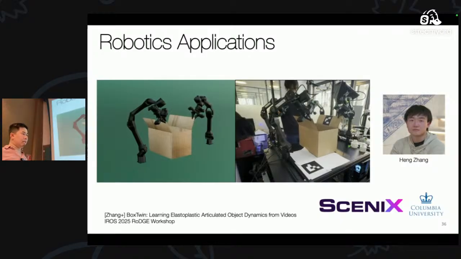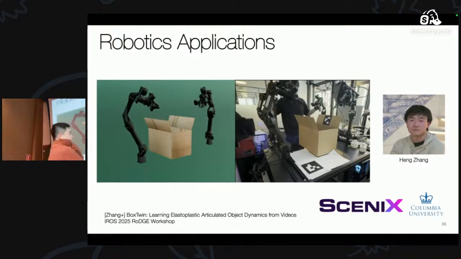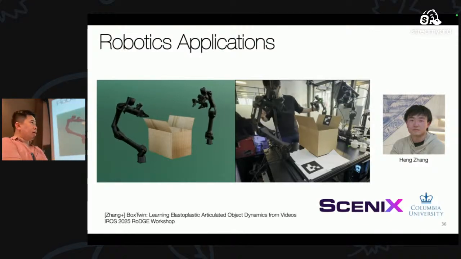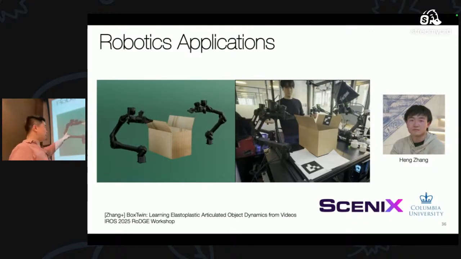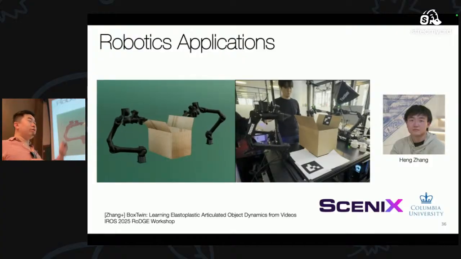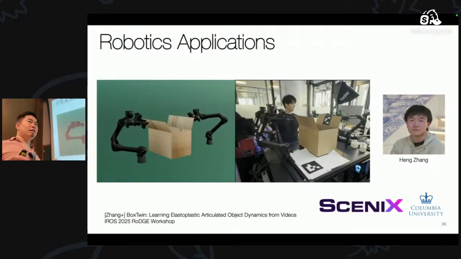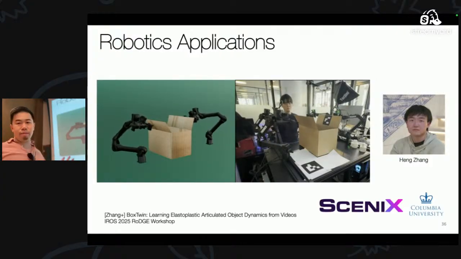You can see that the box moves quite similarly to the other box. This is quite useful for training robots. I have newer results where we show that we can fold this box fully autonomously by just training in this simulation environment.